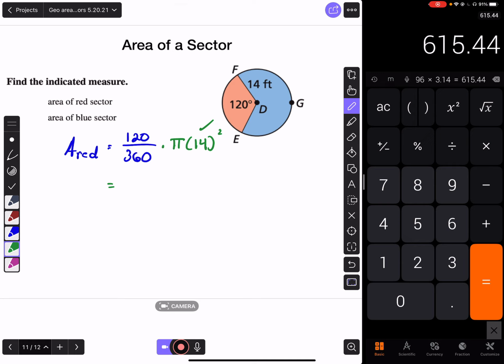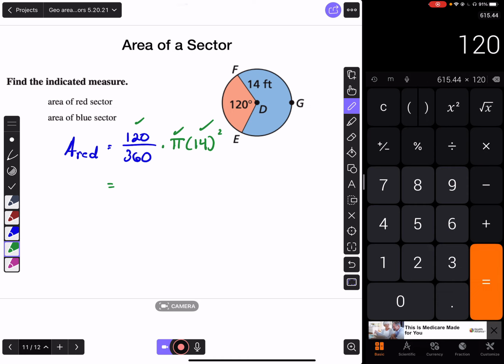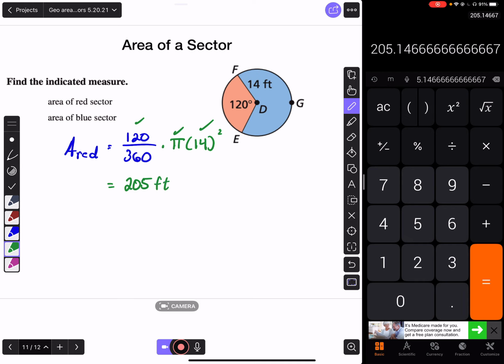Then we got to take it times 120 because I've done the pi. Now I got to do the 120. So there's my entire numerator. And then lastly, I divide by 360. And I get an area for the red region of about 205. And our units are feet squared.